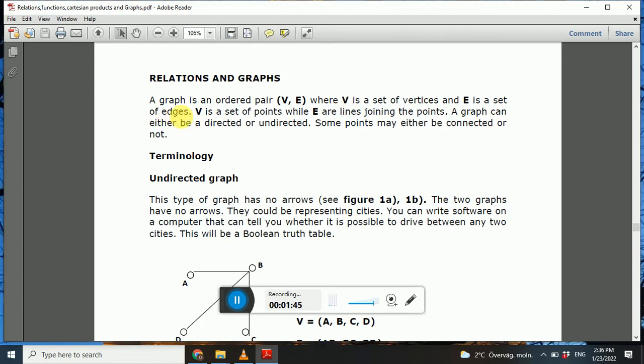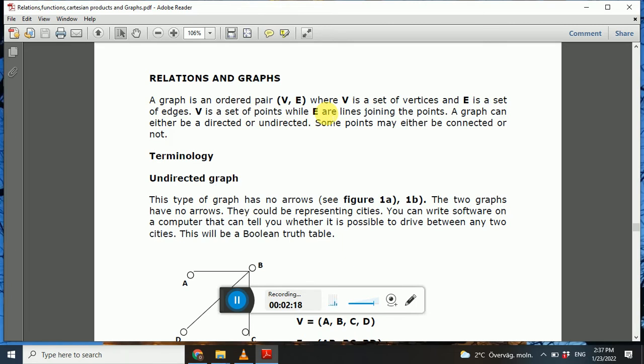So a vertex can be any point. You can circle it, or you can make a circle which is very bold, and then if you draw another point and then you connect those 2 points using a line. So those 2 points which you've connected using a line are what we call the vertices, and that line connecting those 2 points is what we call an edge.